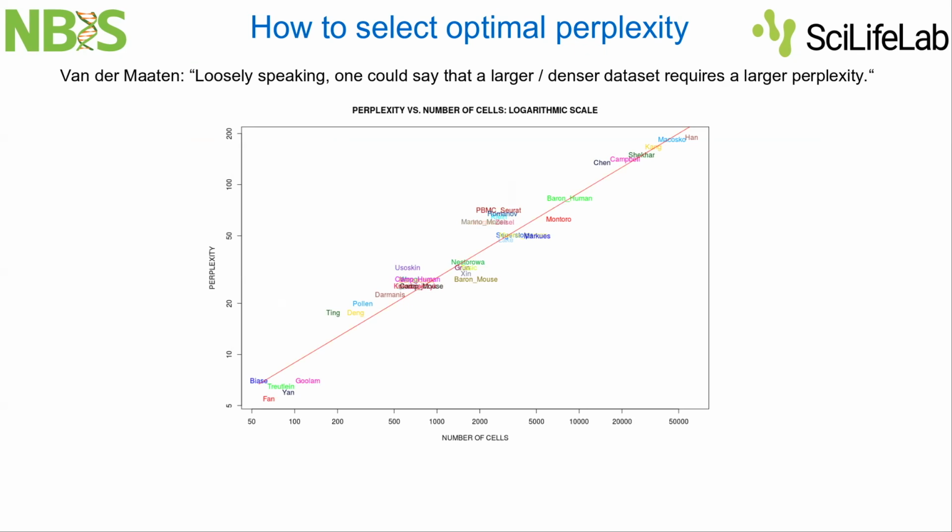I collected all these data sets and tried to reproduce the t-SNE from the original papers, and I learned that the optimal perplexity that reproduced the t-SNE from the original papers varied with the number of cells approximately linearly on a log scale. This simple fit gives a simple scaling law for perplexity as a function of the number of cells, and this is the square root of the number of cells.